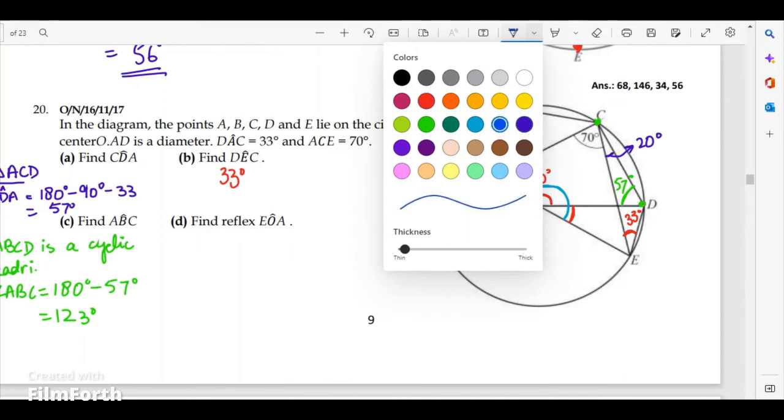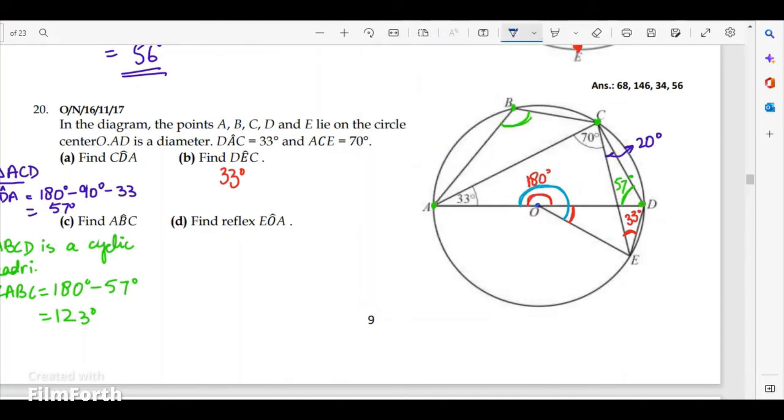Notice one more thing here, that OE and OD are radii. Therefore, triangle OED is an isosceles triangle. And this means that this angle and this angle would be equal. The base angles would be equal. The angles are marked with blue. But to work out these base angles, I need to do more calculation.